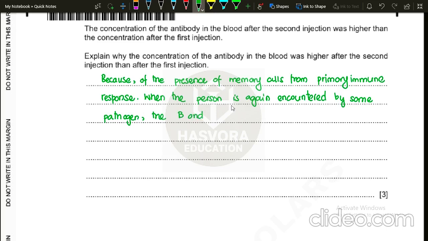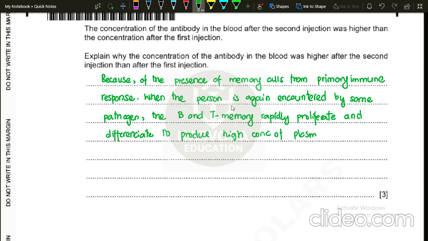the B and T memory cells rapidly proliferate and differentiate to produce a high concentration of plasma cells, and then the plasma cells release an increased amount of antibodies.